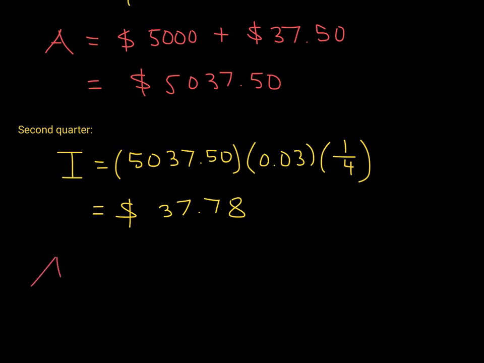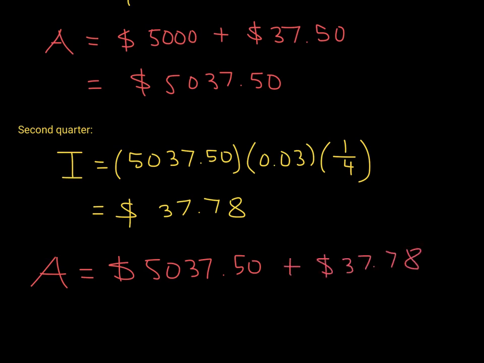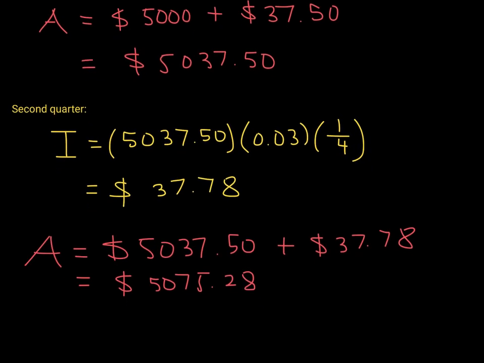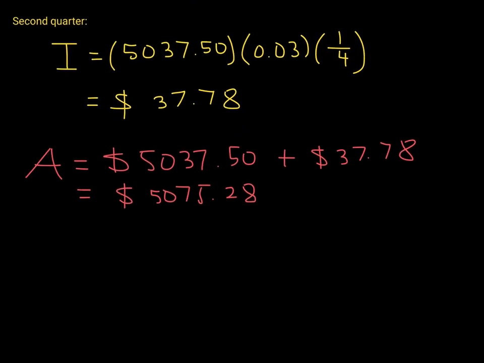All right, so the amount that Mrs. Bond really has in her account is $5,037.50 plus this new earned interest, which gives Mrs. Bond $5,075.28. That's how much she has in her account now. Let's go to the third quarter.